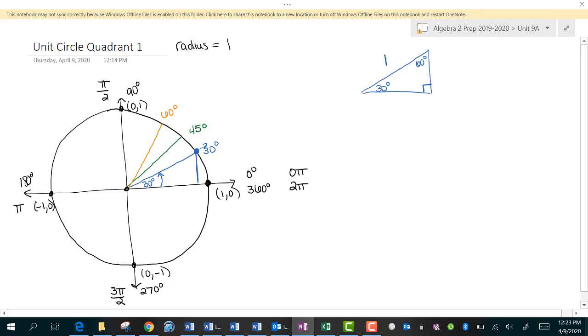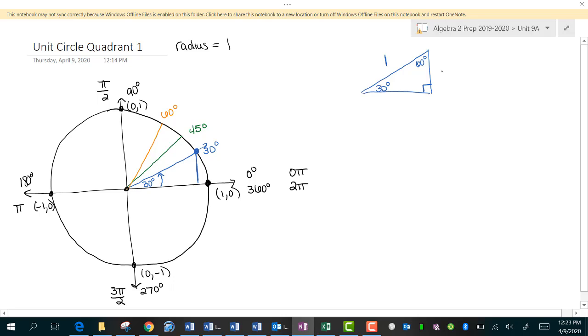Now, in order to figure out the actual coordinate point where the circle intersects this terminal side, I need to figure out how much I'm moving to the right and how much I'm moving up. So I really need to figure out these other 2 sides here. Well, remember from yesterday when we talked about our 30, 60, 90, and 45, 45, 90 triangles. I could label these as, I'm going to go with S this time around.